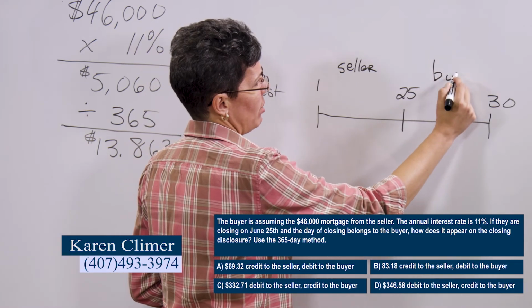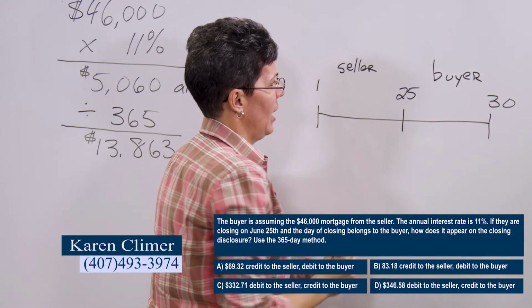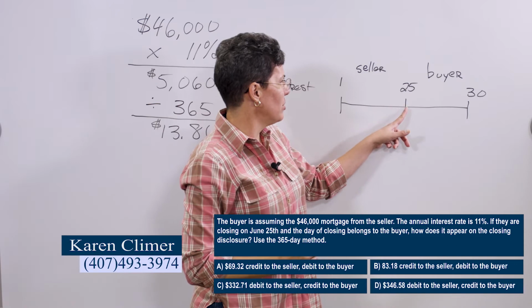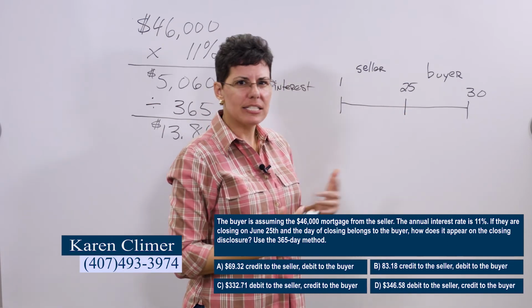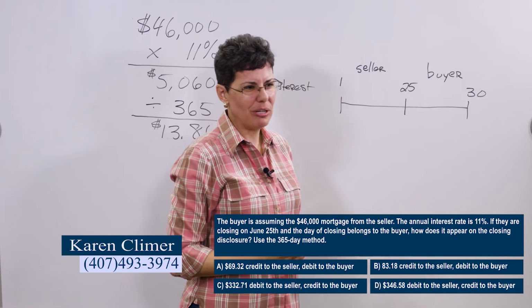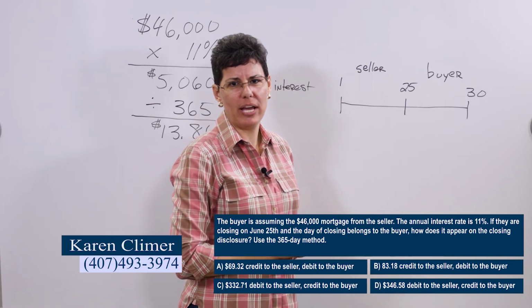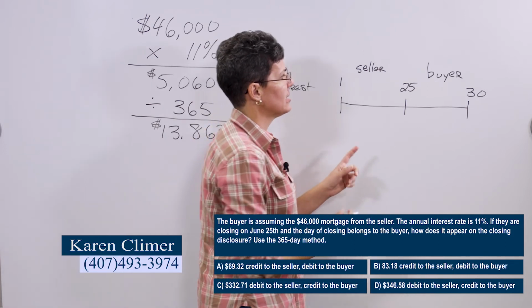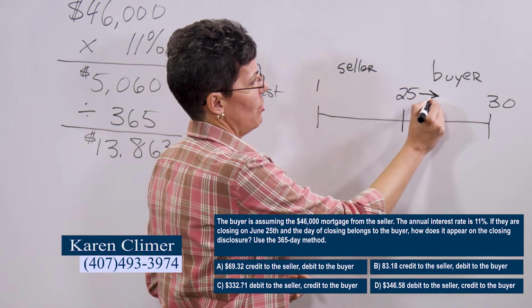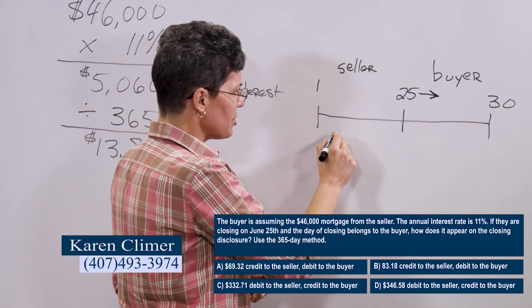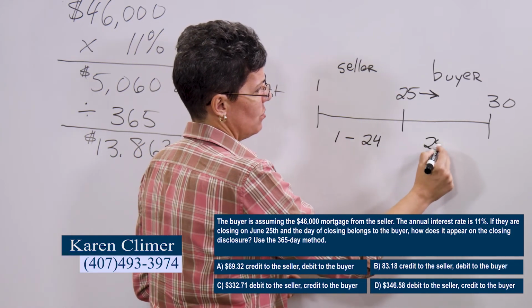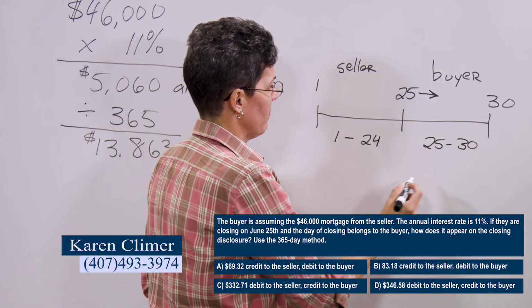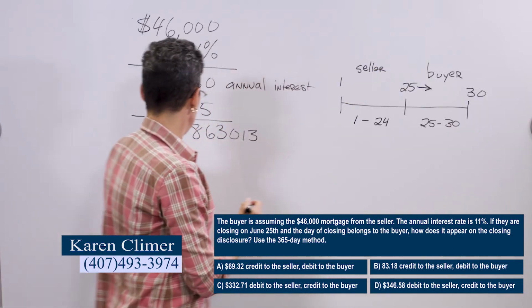The second part of the month belongs to the buyer. Now the 25th could belong to the seller or the buyer. It doesn't matter, there's good and bad both ways. But in this question, it says that it belongs to the buyer, so it's on this side. So the seller owns 1 through 24, and the buyer owns 25 through 30. So the seller has 24 days.